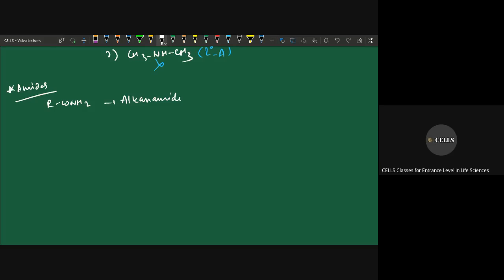Suppose we have CH3CONH2, then it is known as the 2 carbon ethanamide. 1 carbon, 2 carbon. Suppose we have CH3CH2CH2CONH2: 1 carbon, 2 carbon, 3 carbon, 4 carbon, butanamide.